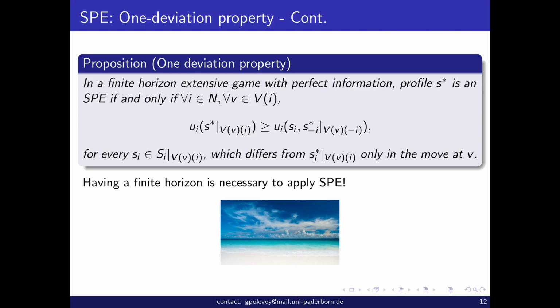So let's just continue. We formulated and proved the one deviation property, which is a simpler way to state being a subgame perfect equilibrium. I remind you that the definition of a subgame perfect equilibrium has two equivalent options.